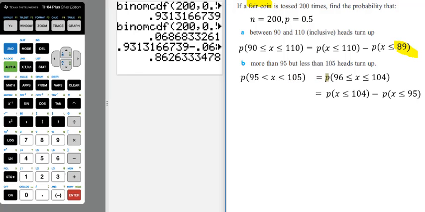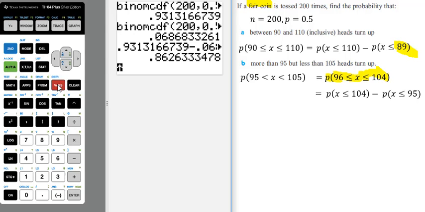Then we can write it in inclusive way like this: x is greater than or equal to 96, less than or equal to 104. Therefore, we can do probability x less than or equal to 104 minus probability x less than or equal to 95. Now let's go to this graphing calculator.